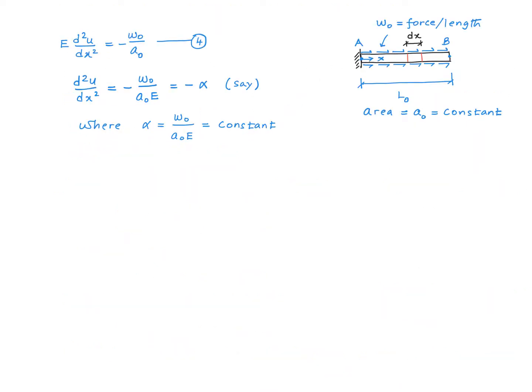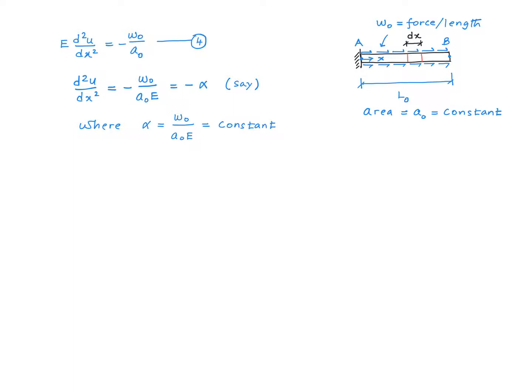This second order differential equation can now be integrated in order to find the displacement and the strain along the way. But before we do that, let's simplify this a little bit. First, let me bring the Young's modulus to the right side. So d2u over dx squared is what we have on the left side.